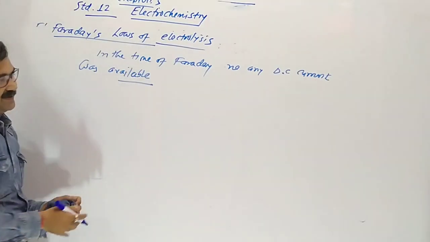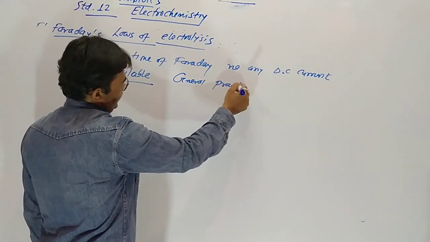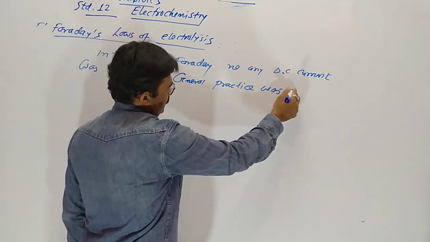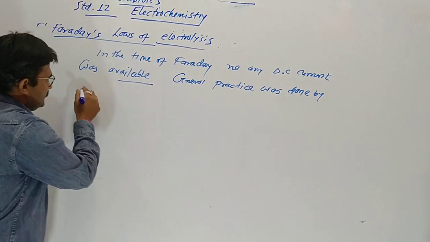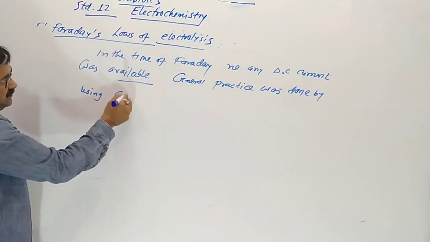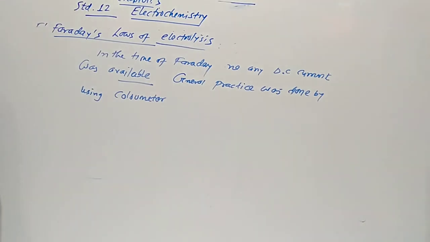In the electrolytic cell, DC current is compulsory. The general practice was done by using a coulometer.